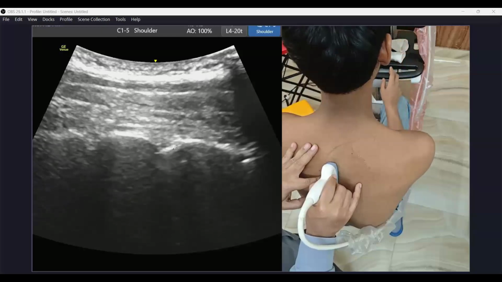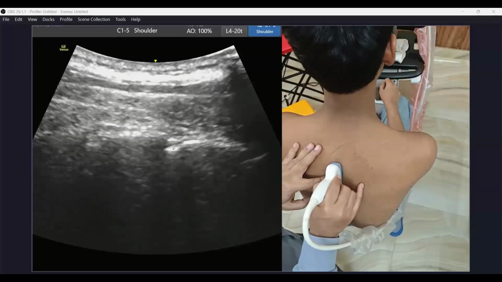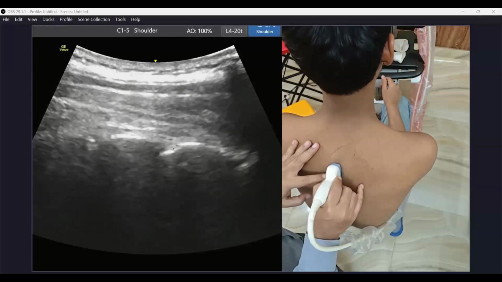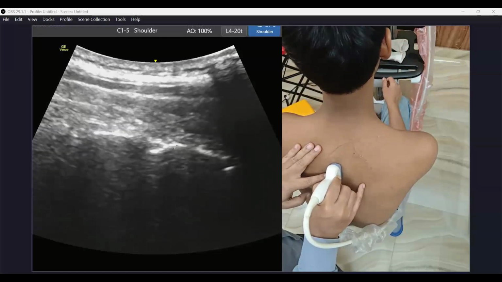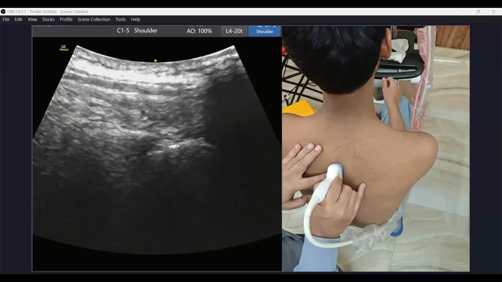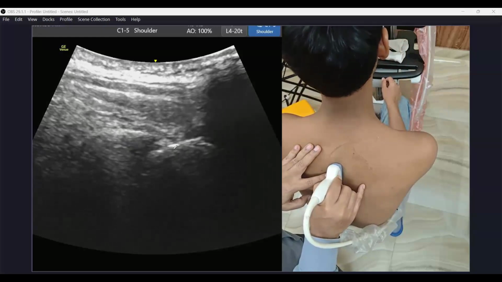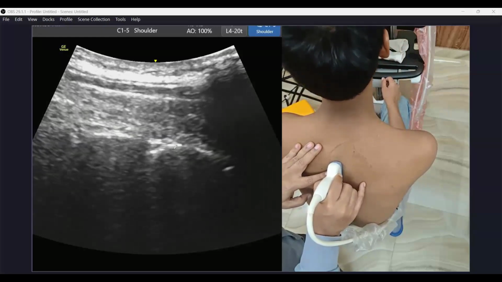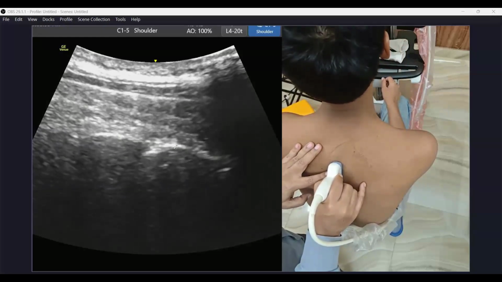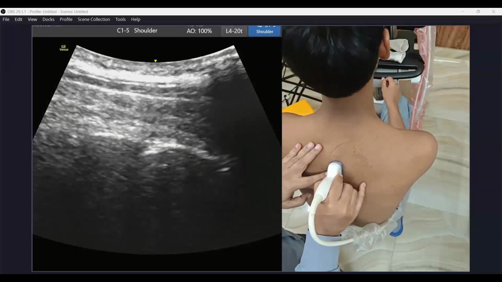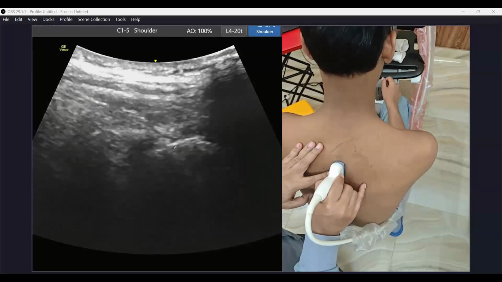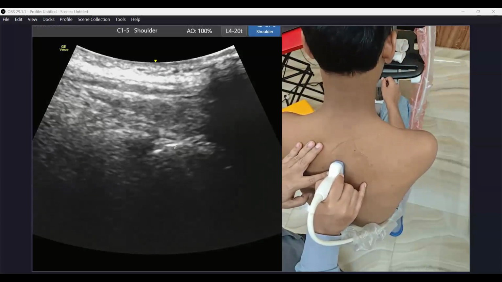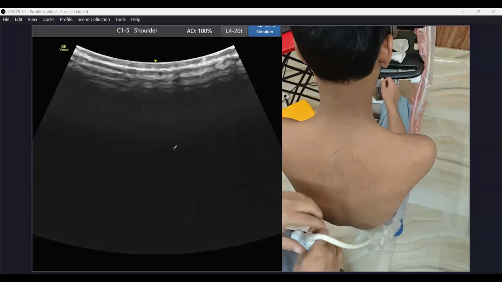When there is adequate gap, that is the lamina, and when there is no gap, this is the facet joint. So this much there is no gap, but this much a bit of gap is there. So this is actually a continuous bone.